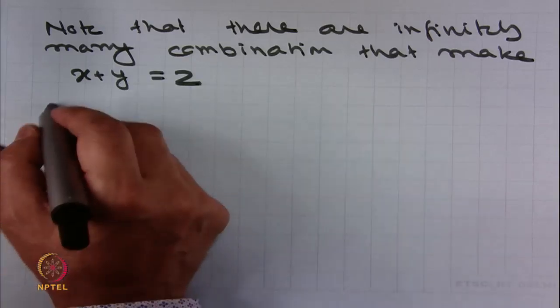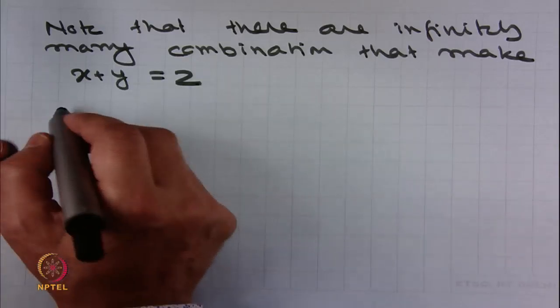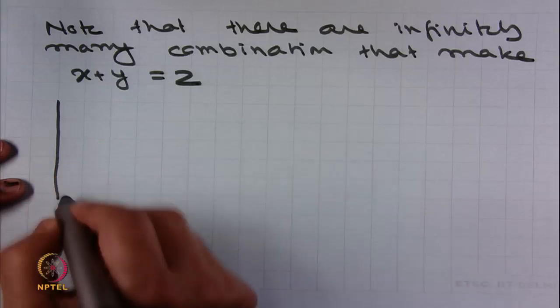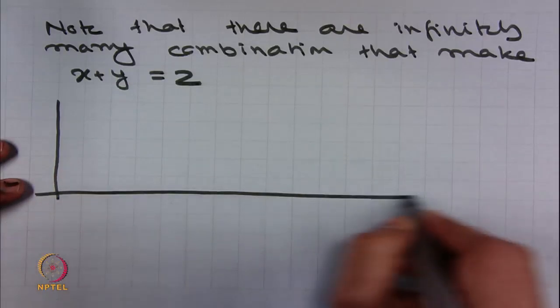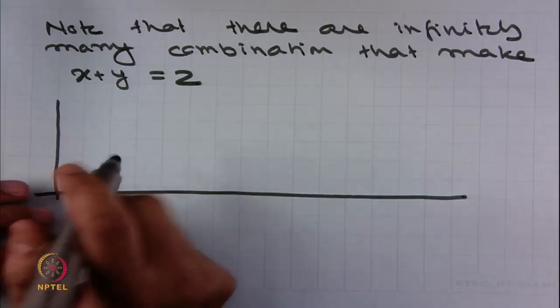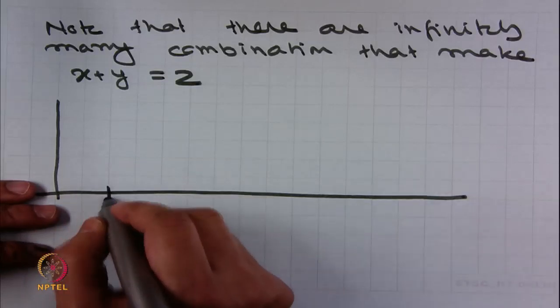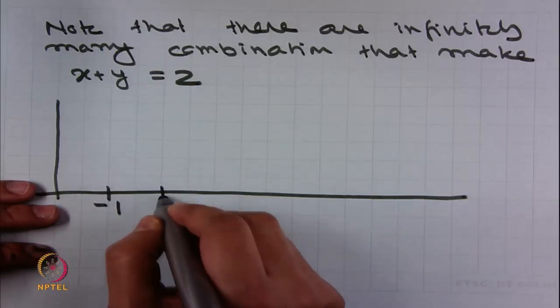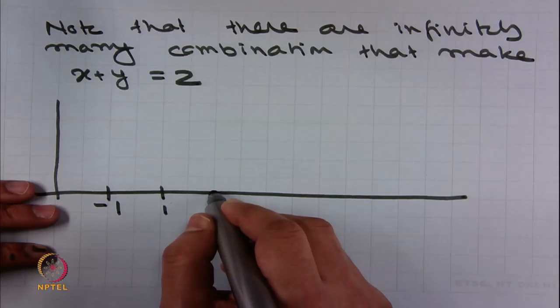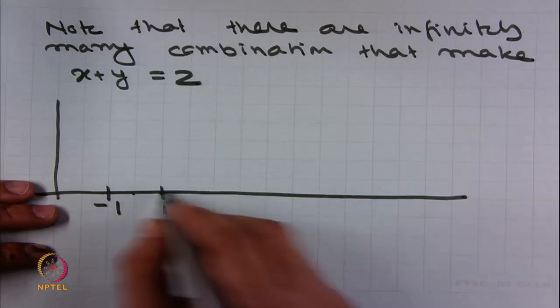So, let us first draw the two. A is from minus 1, 1, 3.